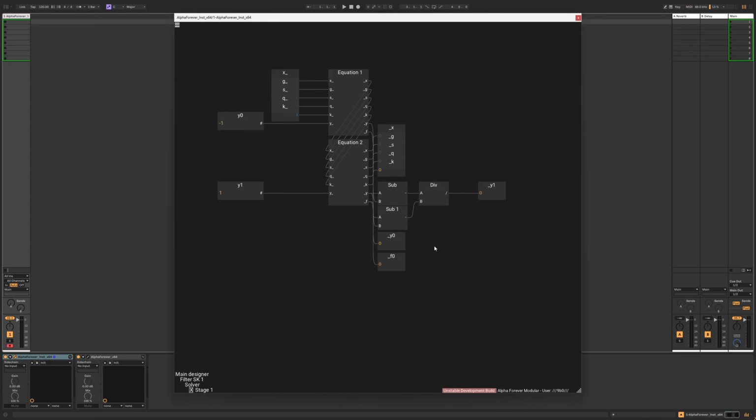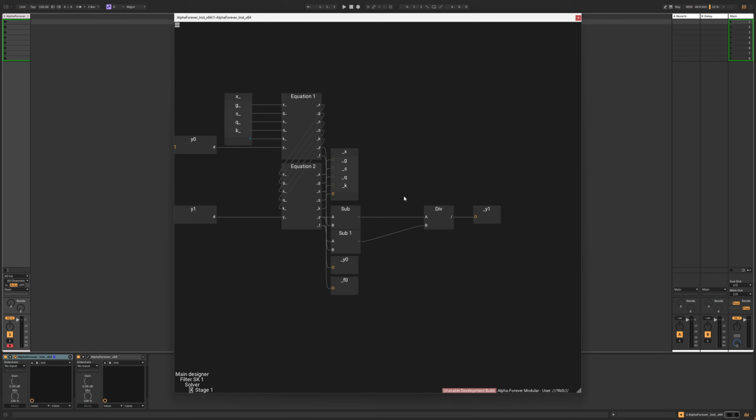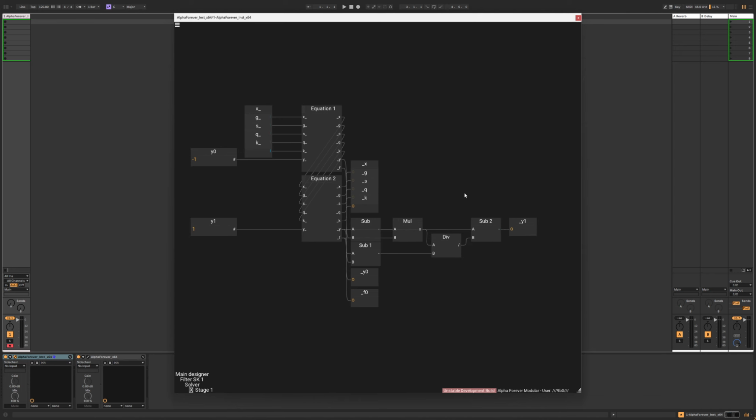So the way we use the delta values is also broken, and we need to multiply the delta y by f, and then subtract the result of the division from y, like this. This is the way the second method works.